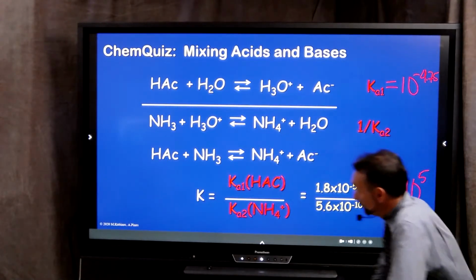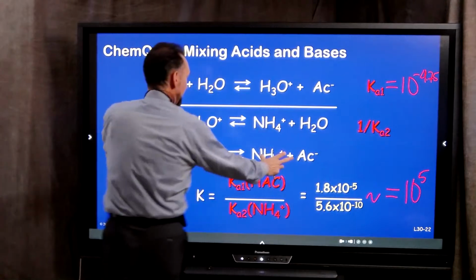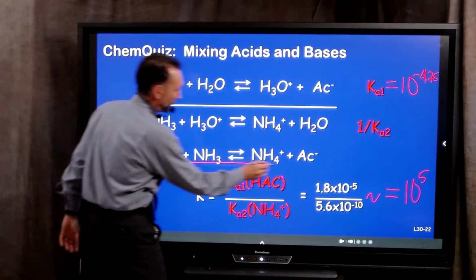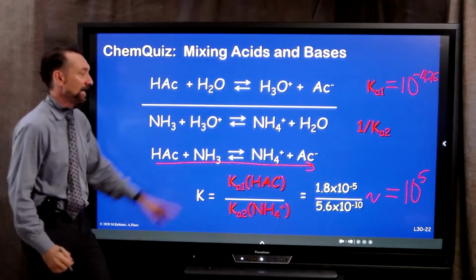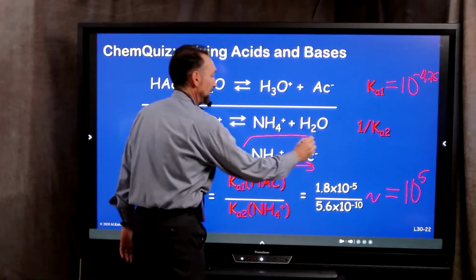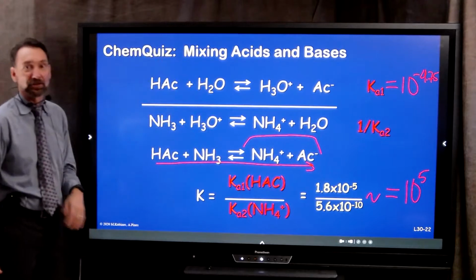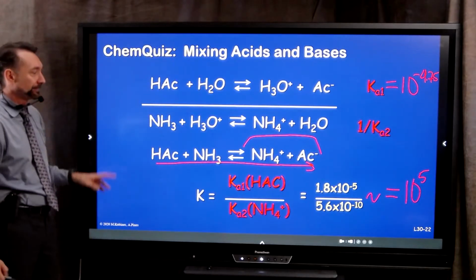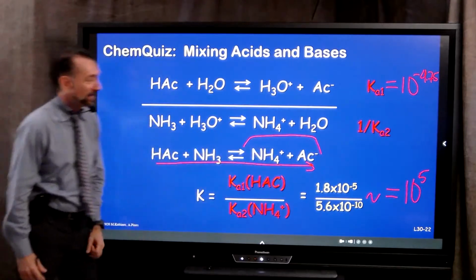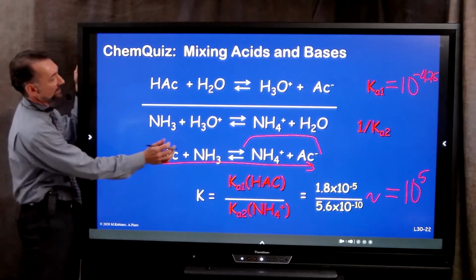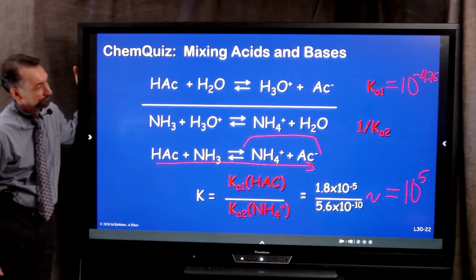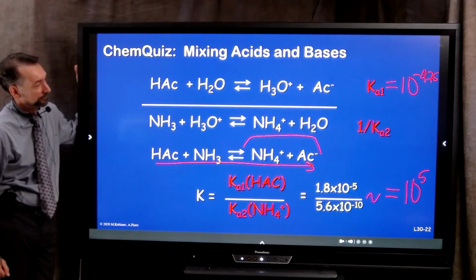So it's huge. That means this K goes all the way, large K, to this side, and I have 100% ions in solution at the end of that reaction. Weak acid with weak base.